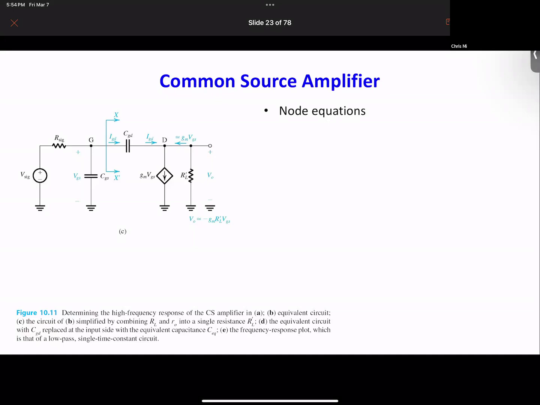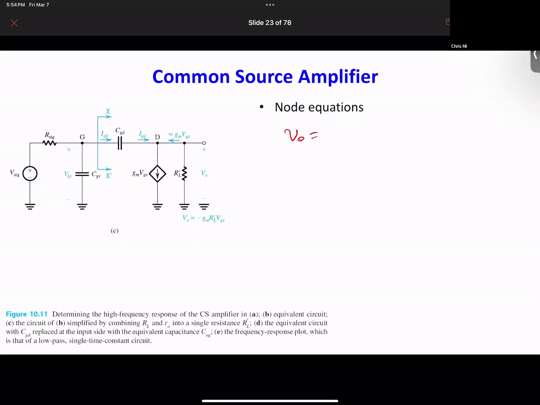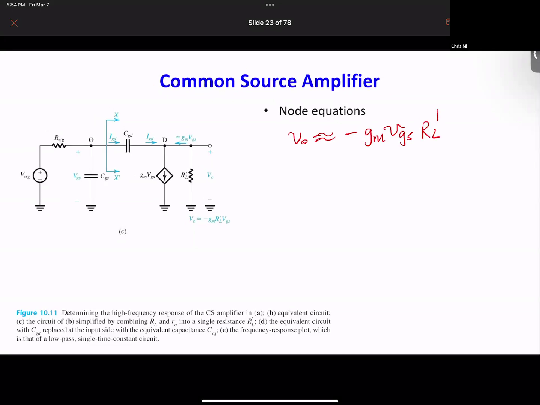Therefore, VO is approximately minus GM VGS. So we found that yes, VO is pretty much this number, just neglect this current in the CGD.